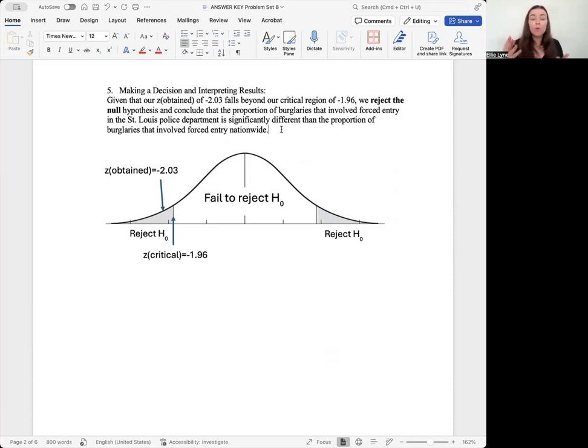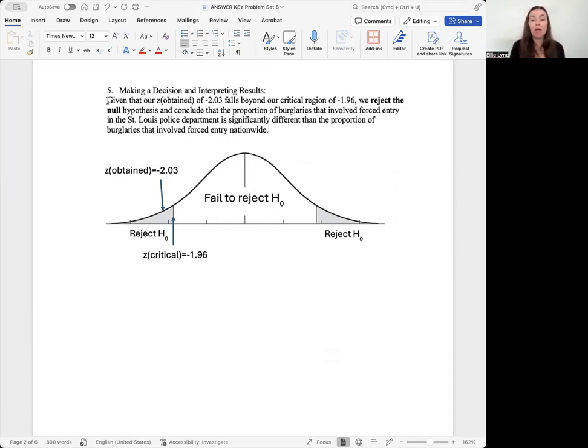And so use this type of format for any other type of hypothesis testing, right? You can always use the shell formula of given that our z obtained of blank either falls beyond or does not fall beyond our critical region of blank, we either fail to reject or reject the null hypothesis and conclude that blank, right? And you can fill that in with whatever the context is of that given problem.